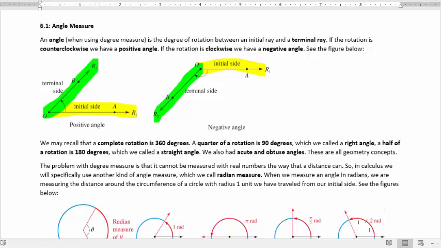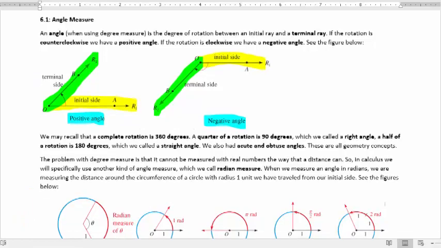In the case of the one on the left here, we had to rotate counterclockwise to get from the initial side to the terminal side, so that's going to be a positive angle. And over here, we rotated clockwise, and that's going to be a negative angle. So counterclockwise rotation is positive, clockwise rotation is negative.